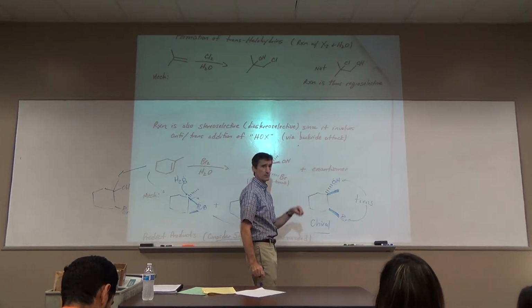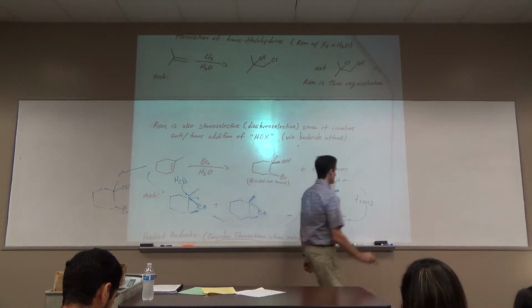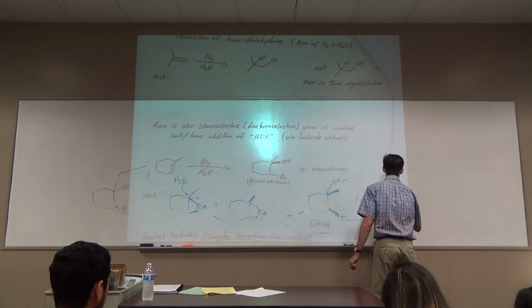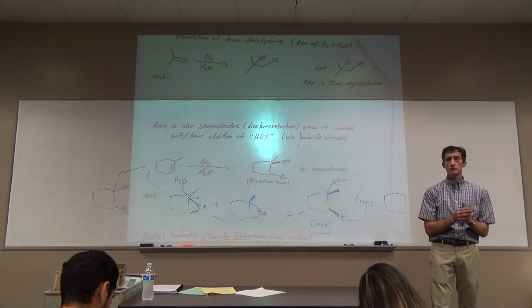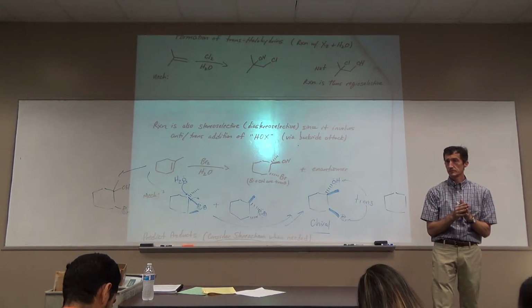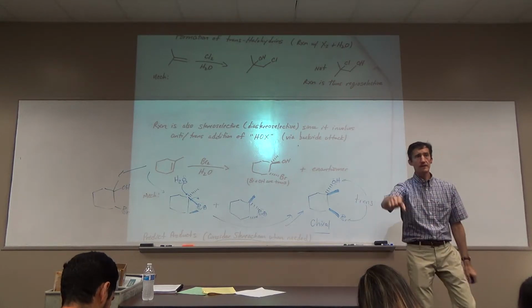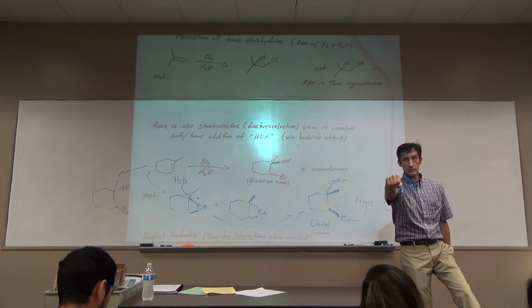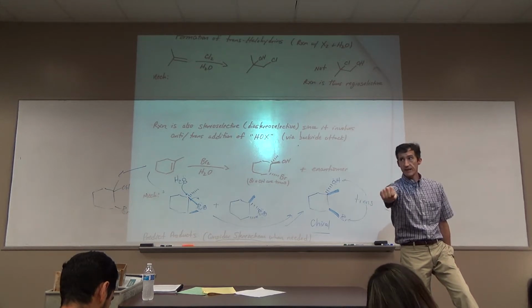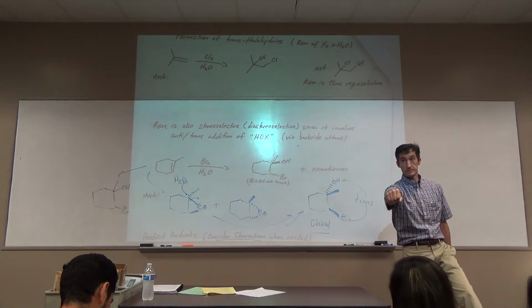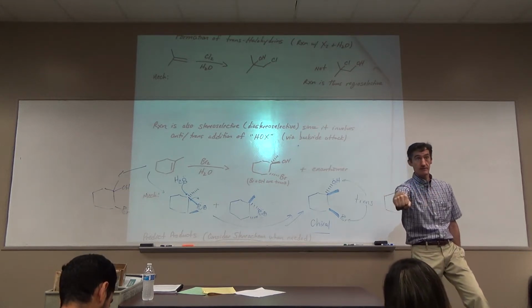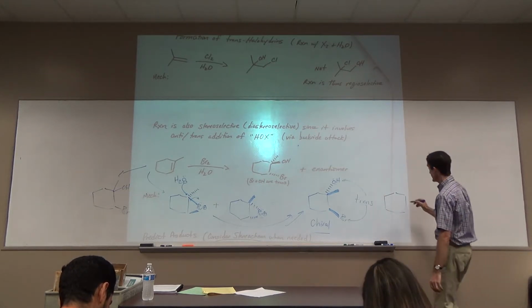Can you draw the enantiomer of this? Yes, the enantiomer would be where everything is switched. If you look in the mirror, everything is switched. All R's become S's, all S's become R's. If you look in the mirror like this at home, your mirror image is going to have its left hand forward and its right leg forward. Opposite of what I have. Everything is switched.